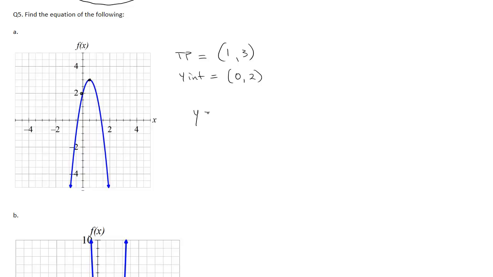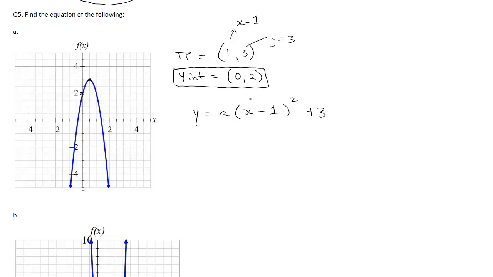Once again, we use turning point form. We are going to be using the x value there, so x is equal to 1, and when you put it into a bracket with x, it becomes minus 1. The y value is directly positive 3, so we write plus 3. Then we use our y-intercept to substitute into our function: 2 equals a times 0 minus 1 squared plus 3.